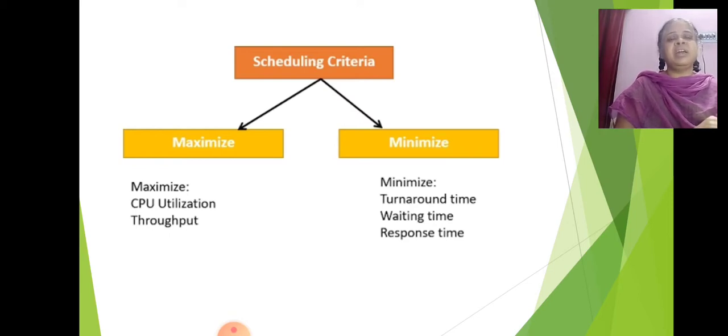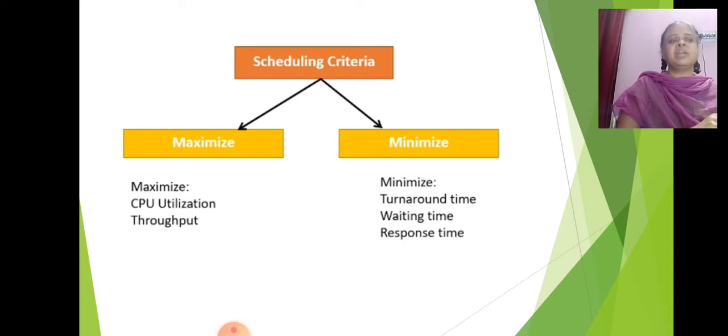What is the next criteria? Waiting time. The CPU scheduling algorithm does not affect the amount of time during which a process executes or does I/O. It affects only the amount of time that a process spends waiting in the ready queue. Waiting time is the sum of periods spent waiting in the ready queue. Response time. In an interactive system, turnaround time may not be the best criteria.